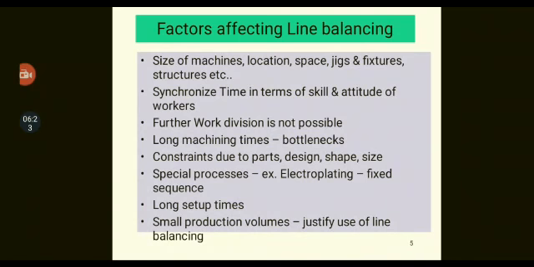Next, long setup times. Finally, small production volumes. For this, the justification for use of line balancing is not possible. So these are all the effects which usually occur in line balancing.